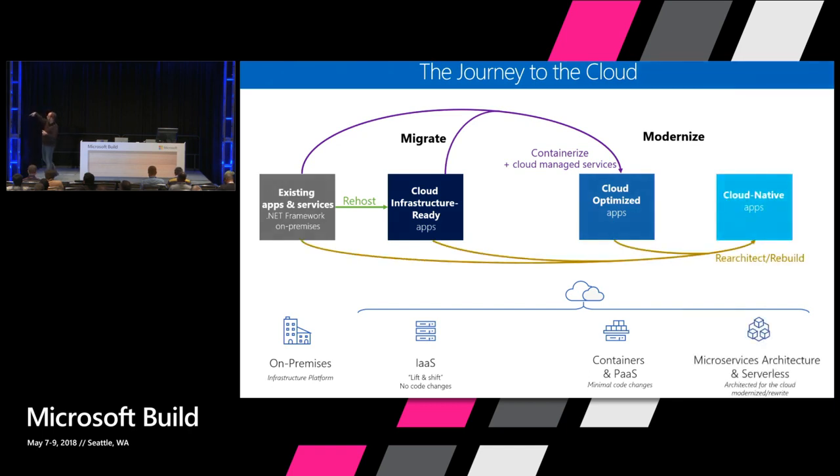And finally, you can go the best way in the cloud, which is cloud native. Cloud native is a type of application where the most important characteristic is that you are basing your application on a microservice architecture. And for that, you really need to re-architect your application if you originally had a monolithic application.